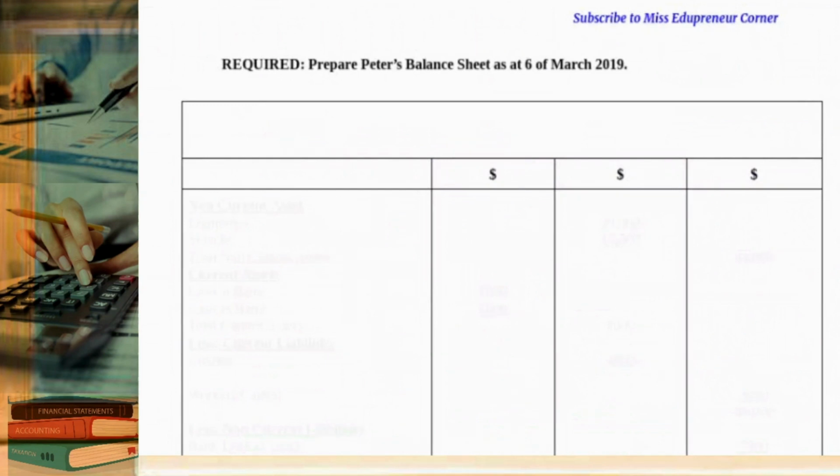What are you preparing? So it's either a statement of financial position or a balance sheet. And it should also answer when. So when are you preparing it? As at the 6th of March 2019.